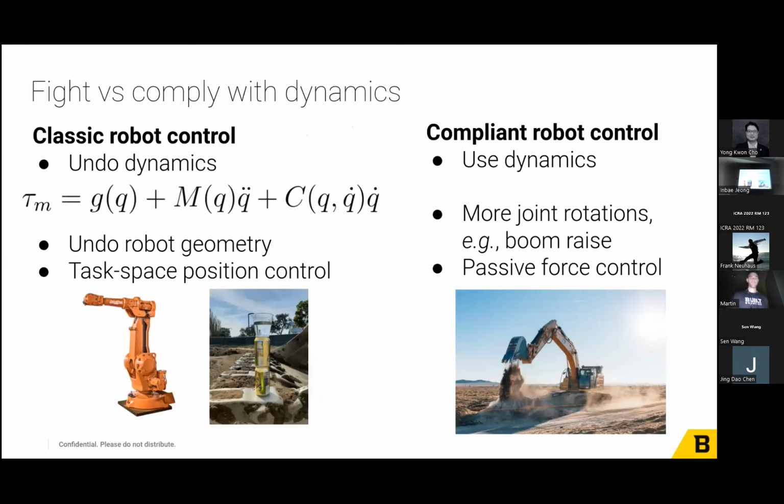So should we fight the dynamics of the excavator? The excavator definitely has more dynamics than we are used to from the traditional robotic side. In classic robot control, you most commonly try to undo these properties of the robots. So it has some dynamics, but one of the first things we do is to compensate for dynamics.